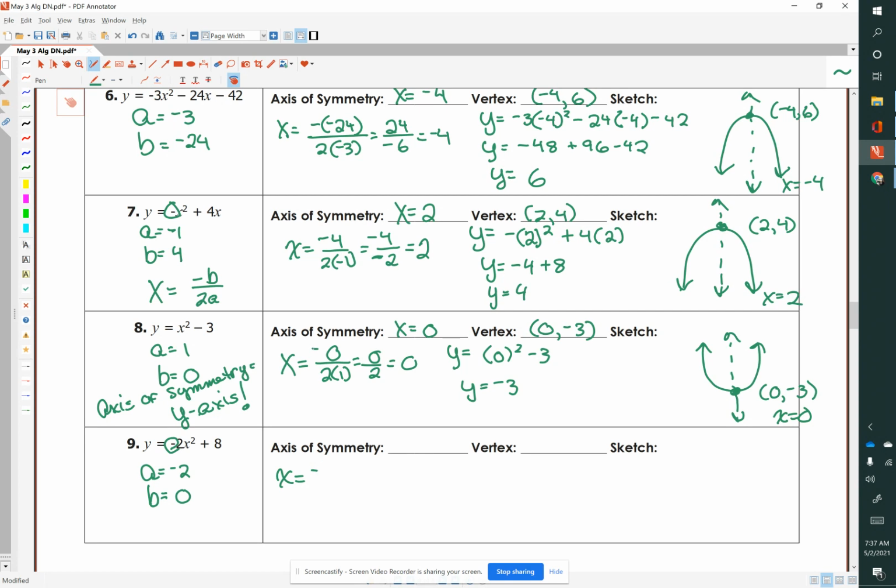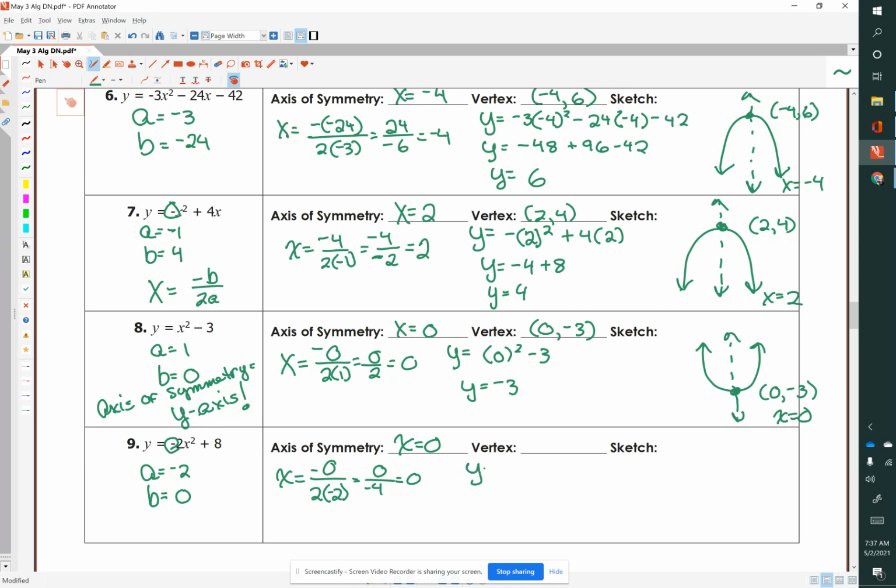We have negative 0 divided by 2 times negative 2, which would equal 0. Remember, 0 is neither positive nor negative, folks. Divided by negative 4, that equals 0. The axis of symmetry, again, x equals 0, but we have a downward facing parabola this time.